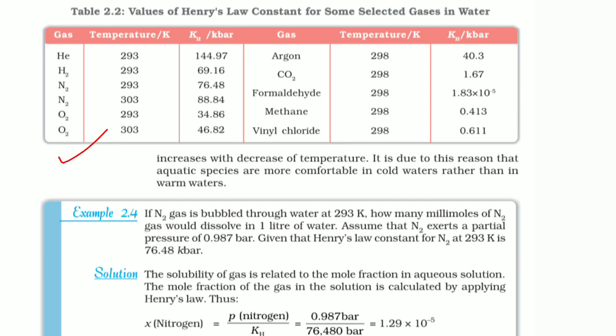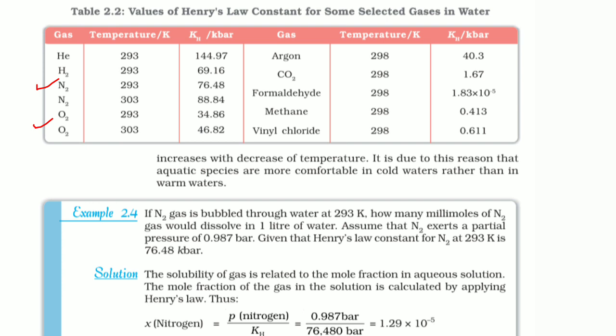So suppose we have two chambers. Let's suppose in one chamber we have one solution, and let's suppose we have oxygen. And in another cylinder, let's suppose we have a solution, and suppose we have some nitrogen.